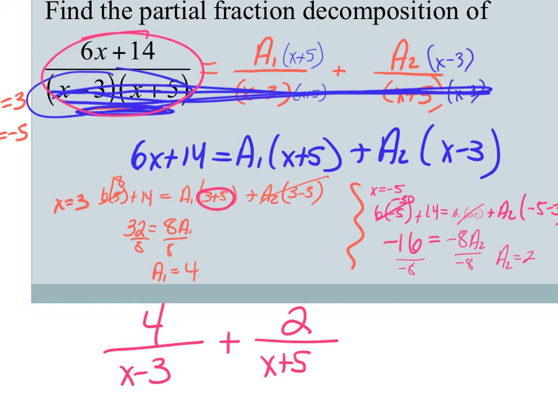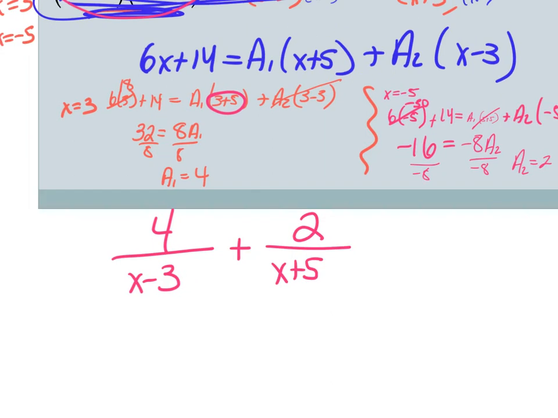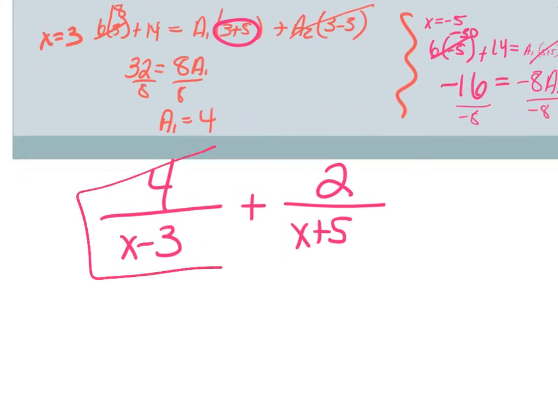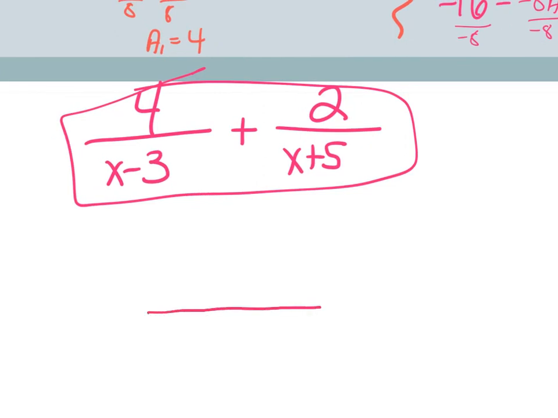Now some of you are like, wait, how do you know? How do you leave feeling, okay, I did this question right? Well, let's check it. What would a common denominator, guys, be between x minus 3 and x plus 5? X minus 3, x plus 5, right? So I'm going to go back to my answer. My first fraction has the x minus 3. What's it missing?